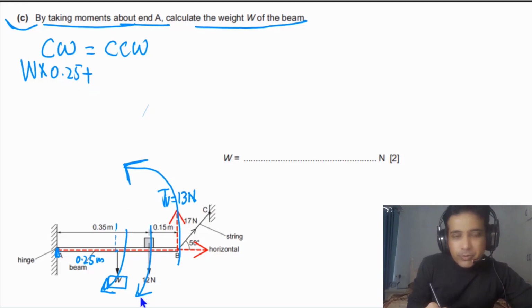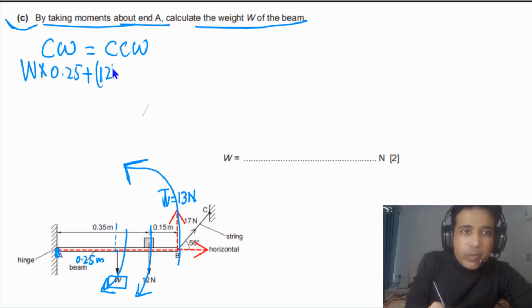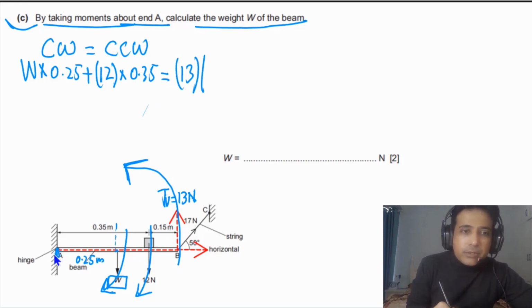Plus moment due to this one is also clockwise and the force is 12 newtons and the distance from the pivot, perpendicular distance, that is equal to 0.35, and this one has to be equal to moment due to vertical component of tension times the distance from the pivot, perpendicular distance, and that distance is equal to 0.50.